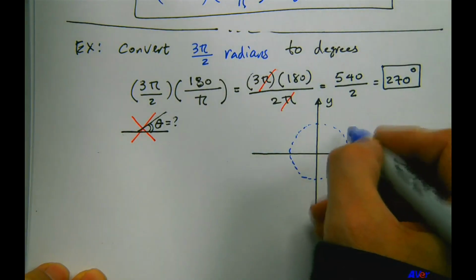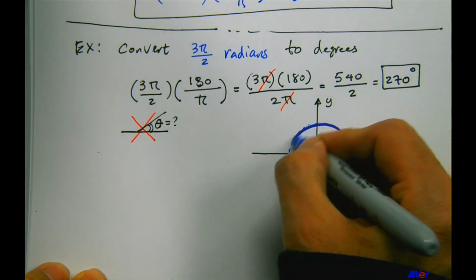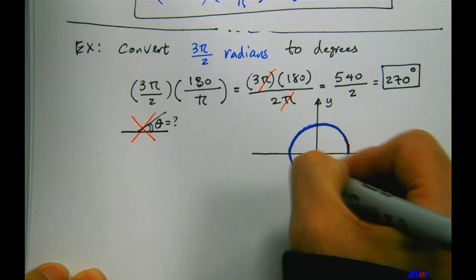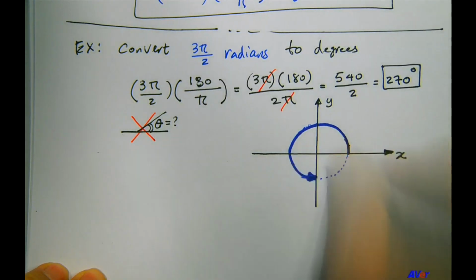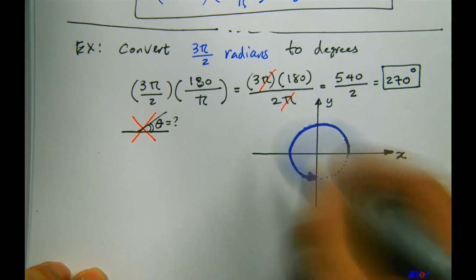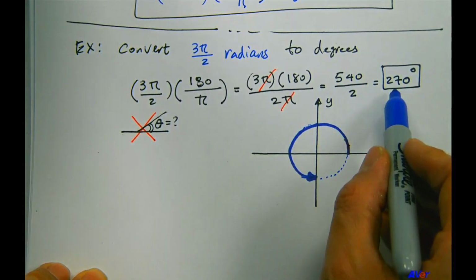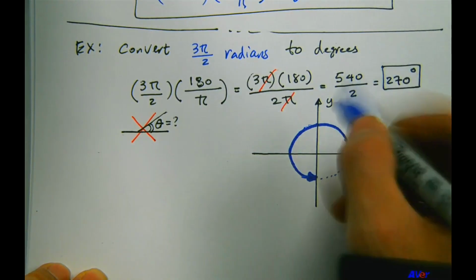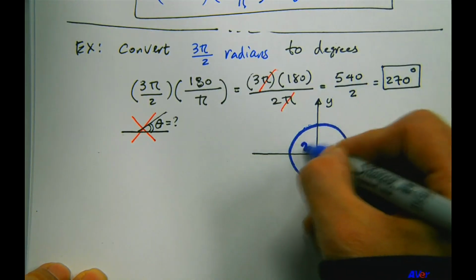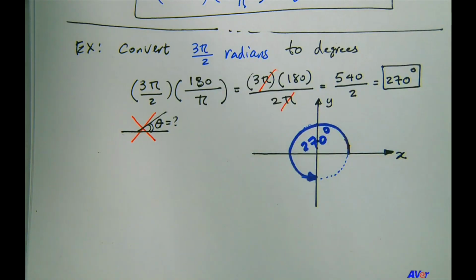So we would start from here and go all the way around to 270 degrees, that would be the angle that we're referring to. So the blue thick line is tracing this angle, 270 degrees. Okay, so that's the 270 degree angle.